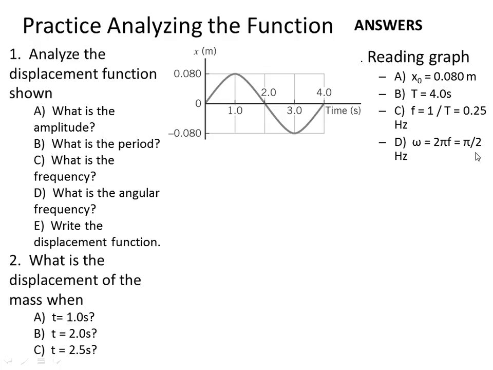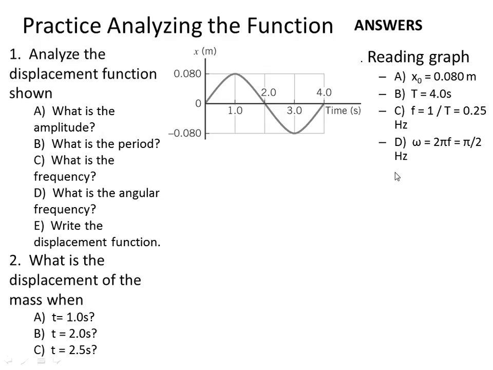So in the past, I would say don't leave things in terms of pi, give me a decimal answer. When we're dealing with vibrational motion and angular motion, you'll want to leave things in terms of pi. So for those of you that plugged in 3.14159 divided by 2, for this case, leave it in terms of pi, especially if you're going to be plugging back into an equation and such.